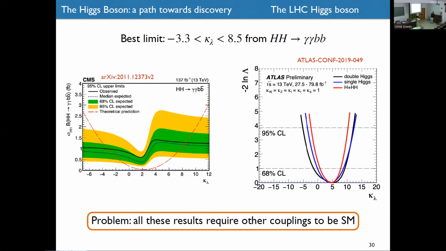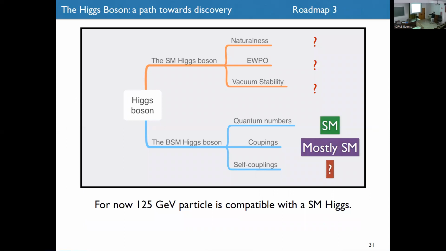Now, all of these have some problem because actually you always require all the other couplings to be one. So this means that you are studying a particular BSM, a particular new physics, where all the other kappas are one and only the trilinear is different.